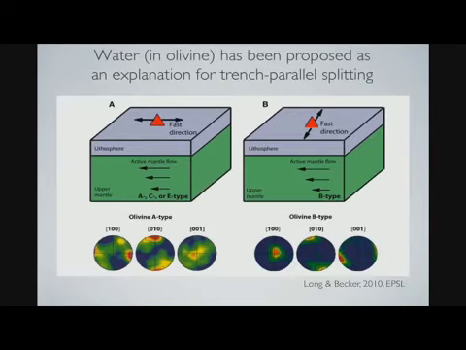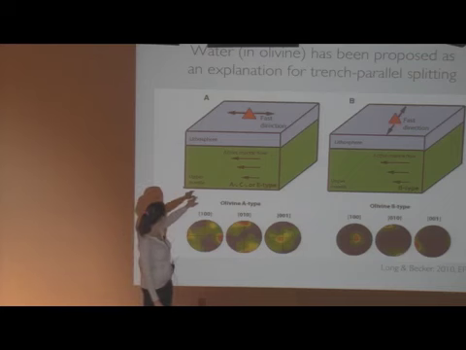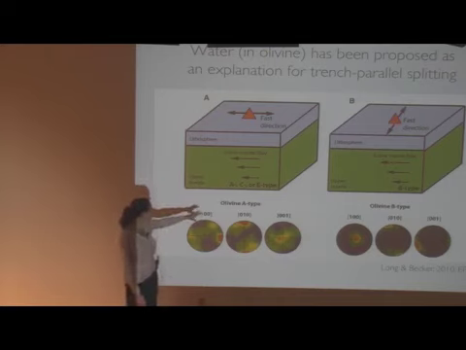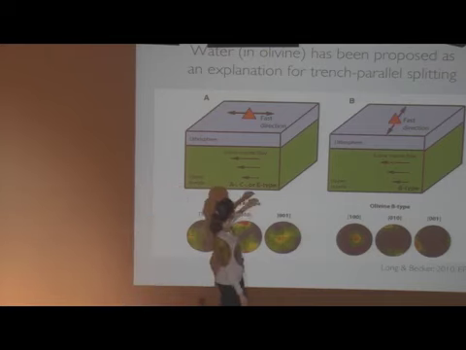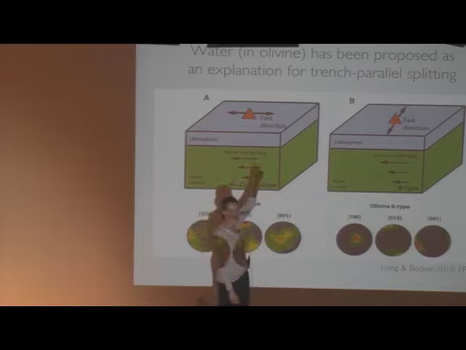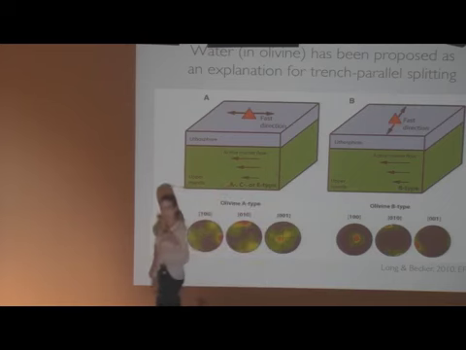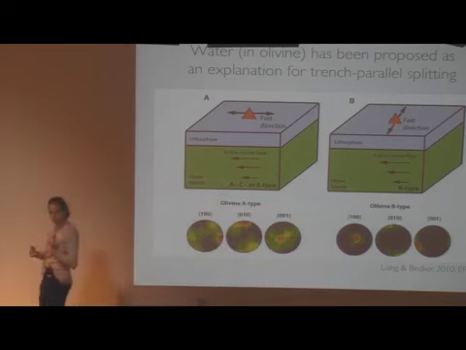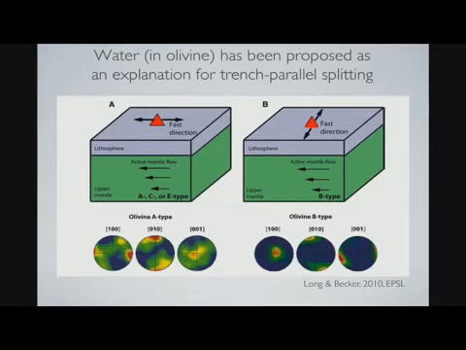Another schematic from this review paper summarizes that with these various types of fabric systems, the olivine A-type or the B-type, the mantle flow direction in both cases is the same, but what you're measuring in terms of the seismically fast direction is different because you have a different orientation of your olivine crystal lattice.